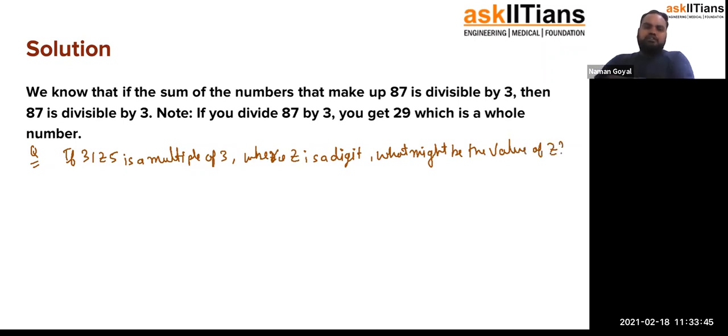Now in this question, that number 31z5 is divisible by 3. Now the question is asking what can be the value of z.